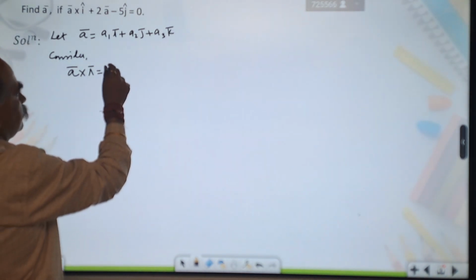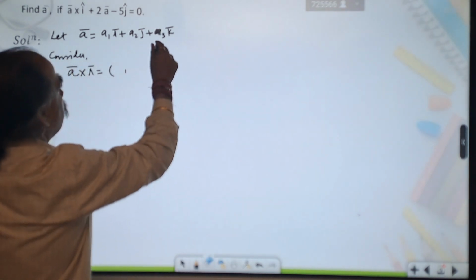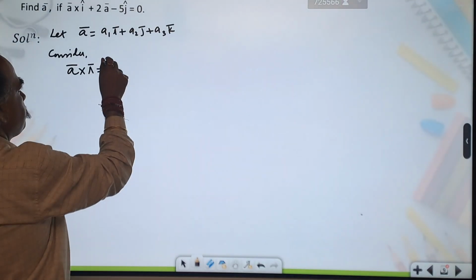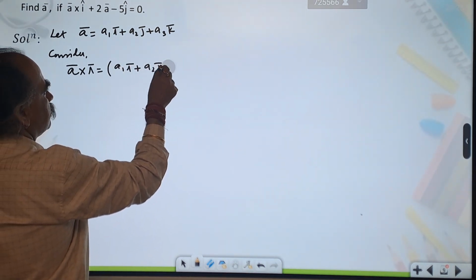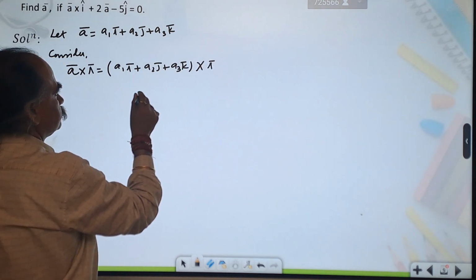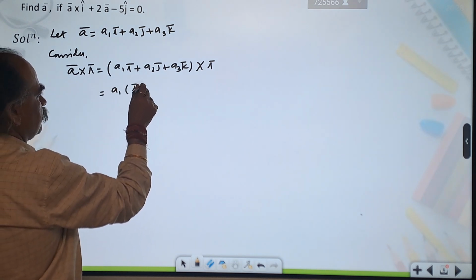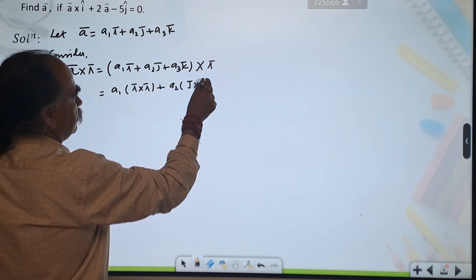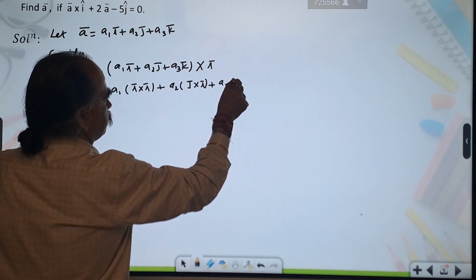See how: a1 i plus a2 j plus a3 k cross i bar is a1 i bar cross i bar plus a2 j bar cross i bar plus a3 k bar cross i bar.